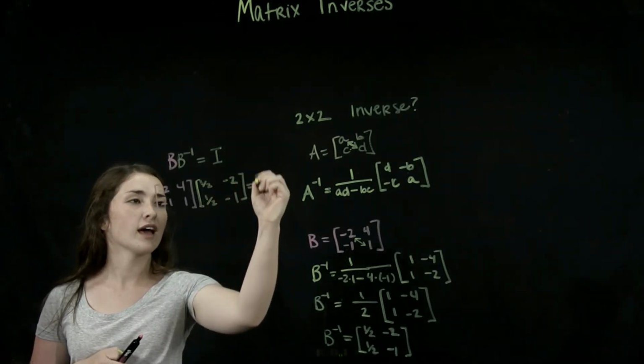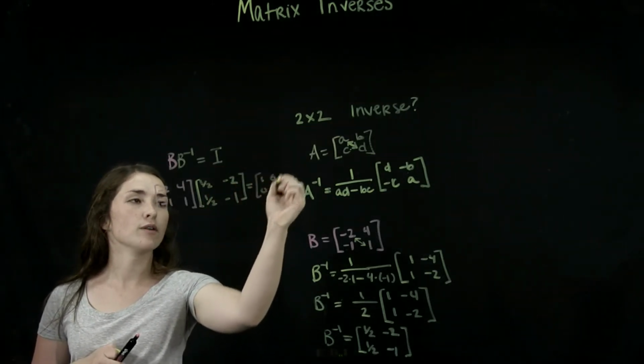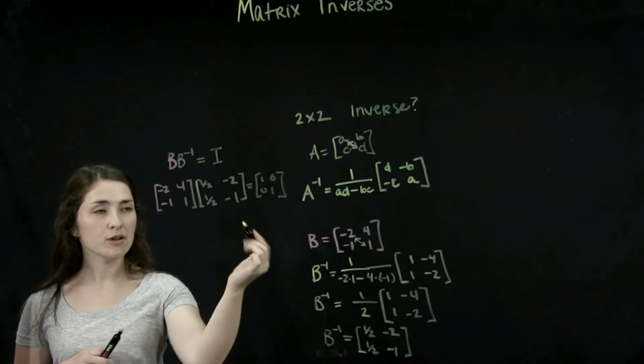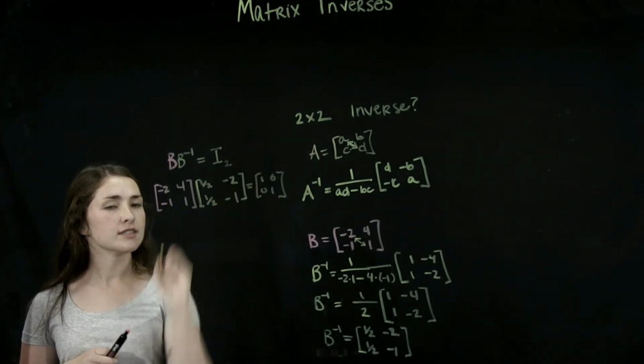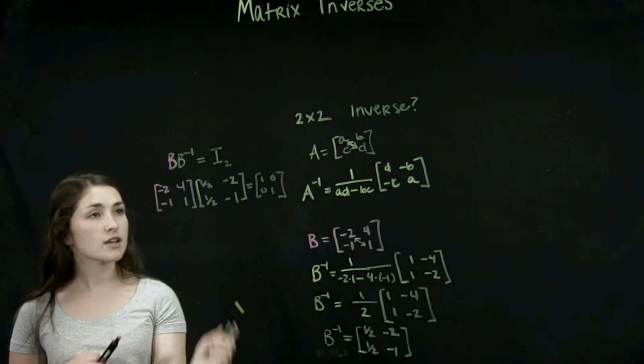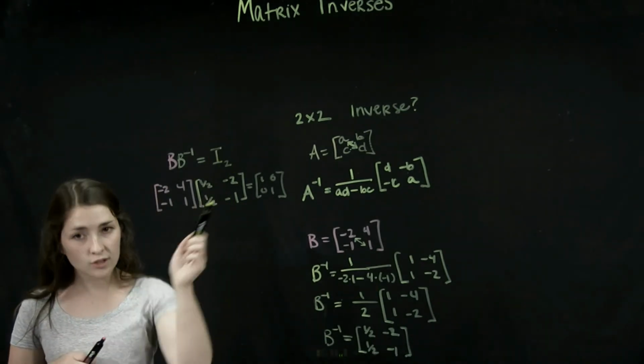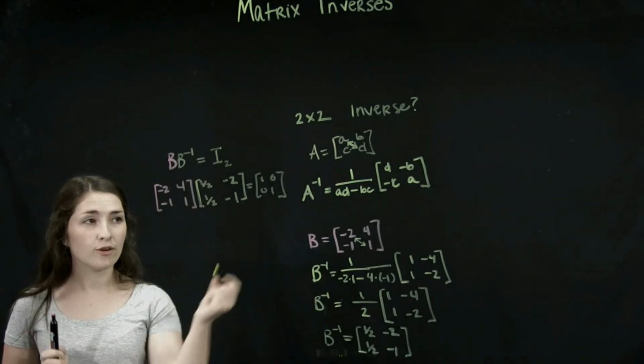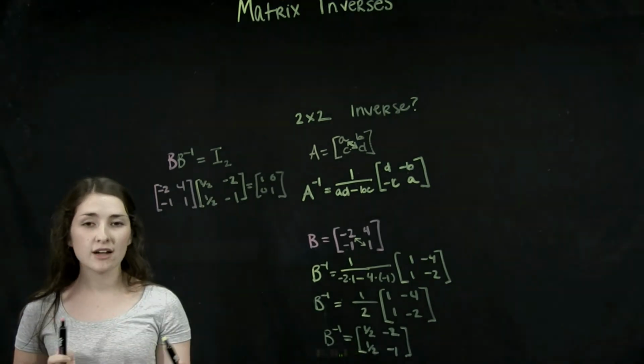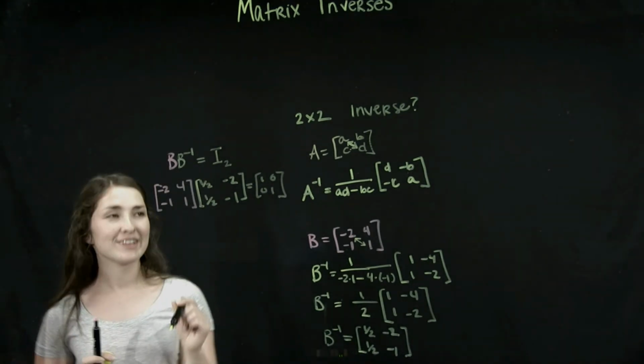We're going to see if we can get 1, 0, 0, 1. Because remember our identity, since this is a 2 by 2 matrix, we are going to be dealing with I sub 2, or the 2 by 2 identity matrix with 1s down the diagonal and 0s everywhere else, right there.